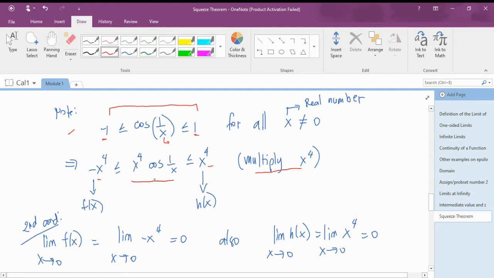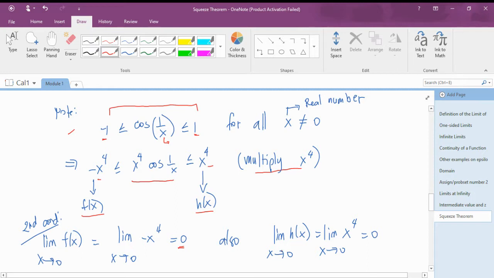So, pag second condition, dapat yung limit as x approaches 0 ng f of x ay equal sa limit ng h of x as x approaches 0. So, i-check natin. Limit ng f of x as x approaches 0 is equal to the limit of negative x raised to 4 as x approaches 0, and alam natin na yun ay equal lang sa 0.